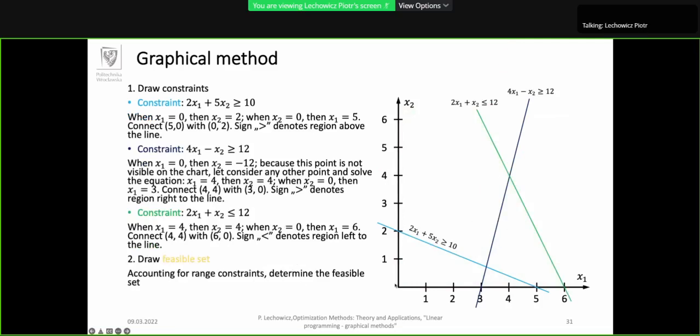So we also have to account for the range variables that x1 is greater or equal than 0 and x2 is greater or equal than 0. So we are rejecting this part of the feasibility set because x2 has to be greater or equal than 0.